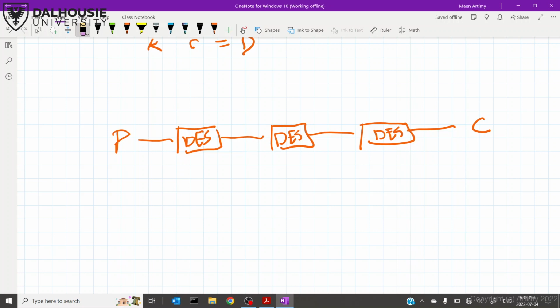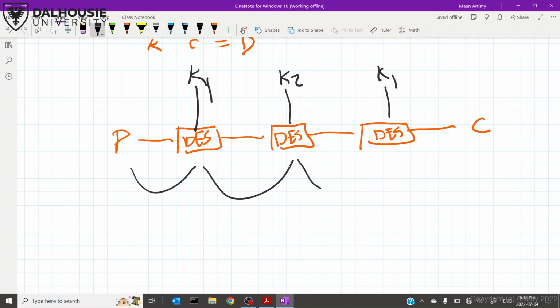So we could use 1 key for encryption here, and we'll call this key K1, and the same one for this stage, and this one for the middle stage. So we encrypt with one key, and then we encrypt again with another key, and then we encrypt a third time with the same key as the first one.